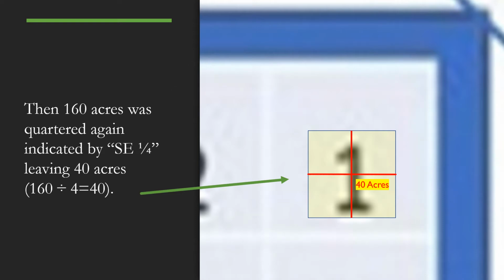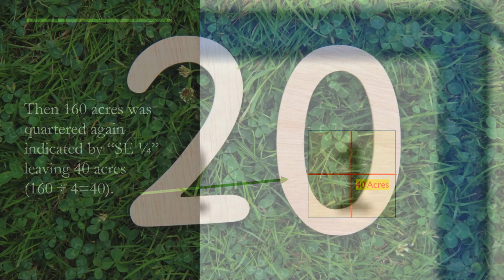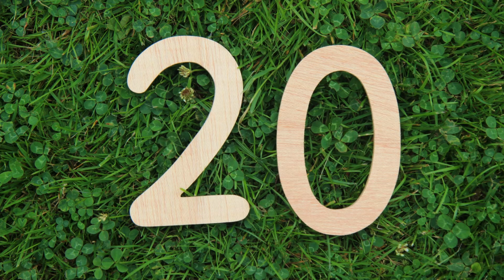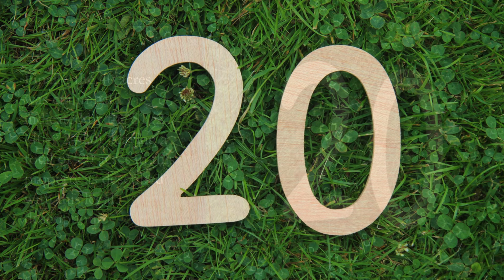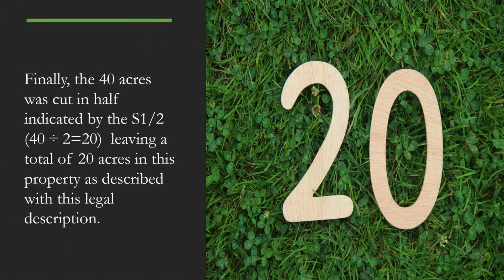Then 160 acres was quartered again, indicated by the southeast 1/4, leaving us with 40 acres. 160 divided by 4 equals 40. Finally, the 40 acres was cut in half, indicated by the south 1/2 in our legal description, and 40 divided by 2 equals 20, leaving a total of 20 acres in this property as described with this legal description.